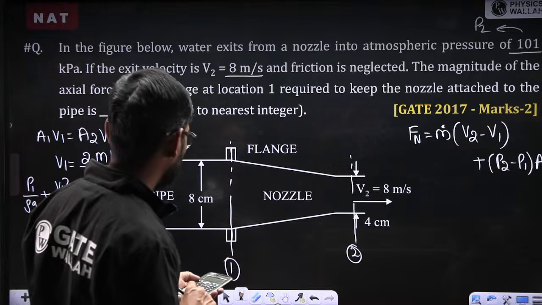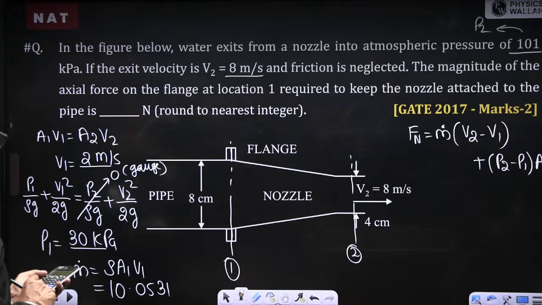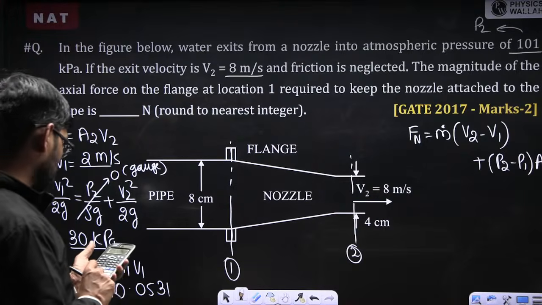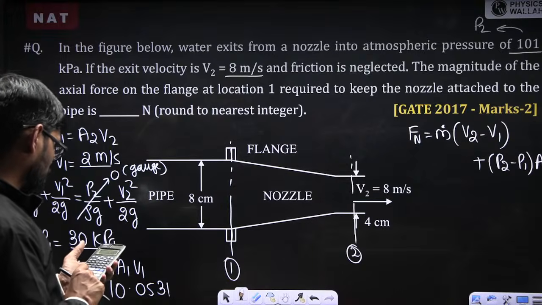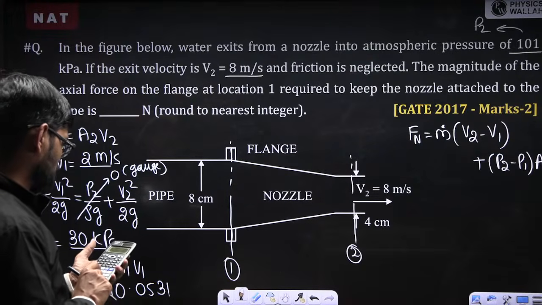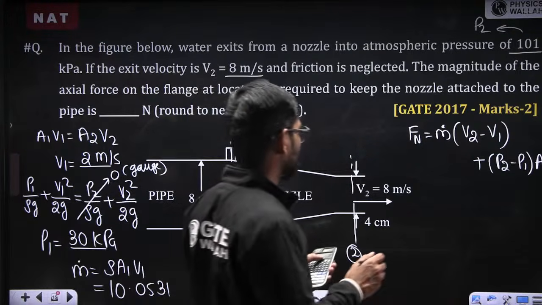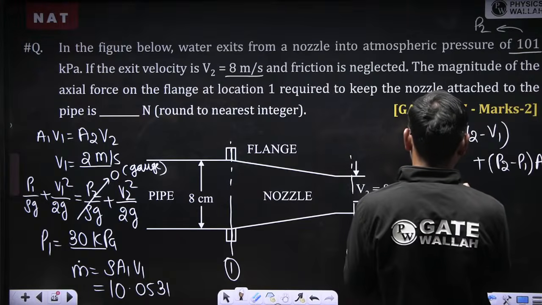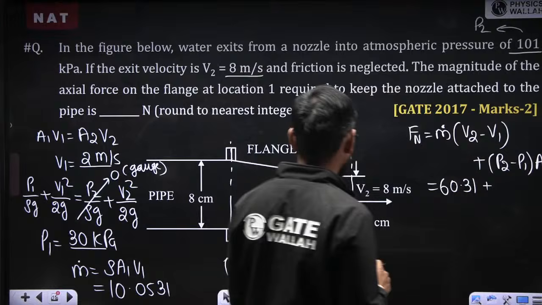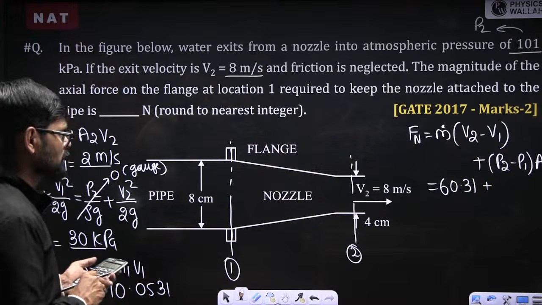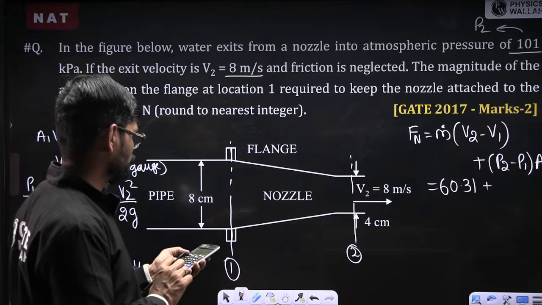I think this value will come V2 minus V1. 10.0531 into 6. So this value will come 60.31. I will write plus P2 minus P1 value will come 30,000 into.